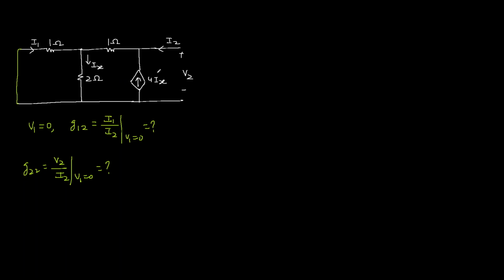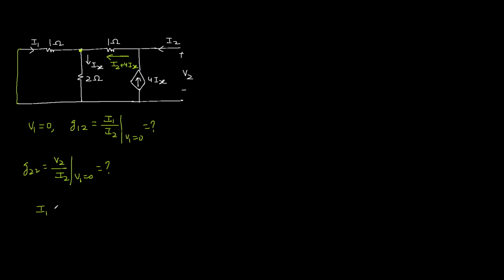Now we have to find out the ratio of I1 and I2. So current here is I2 plus 4Ix. By applying KCL at this node, we can find the relation of I1, I2 and Ix.